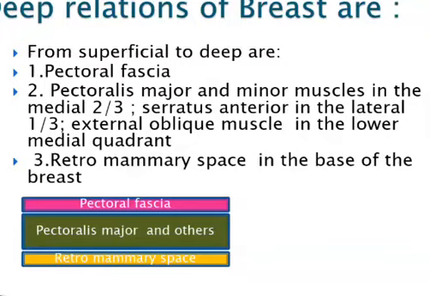Also there is external oblique muscle in the lower medial quadrant. All these muscles are deep to pectoral fascia. Deep to these muscles there is one more relation, called retromammary space, present mainly at the base of the mammary gland. So the deep relations, superficial to deep, are pectoral fascia, the pectoralis major and other muscles, and retromammary space.